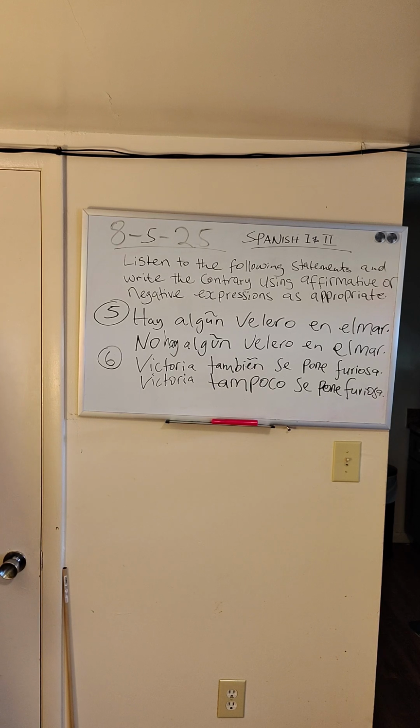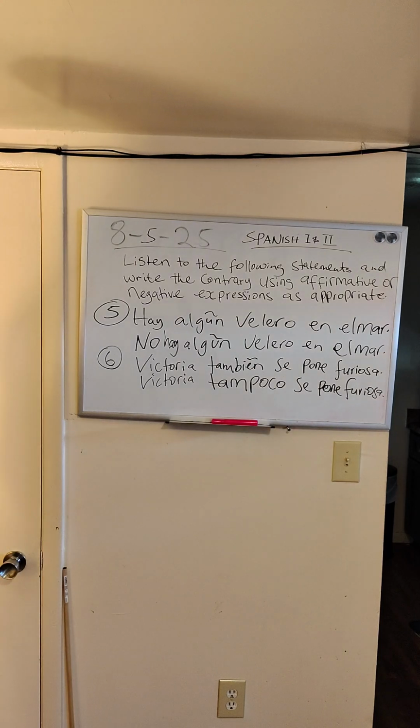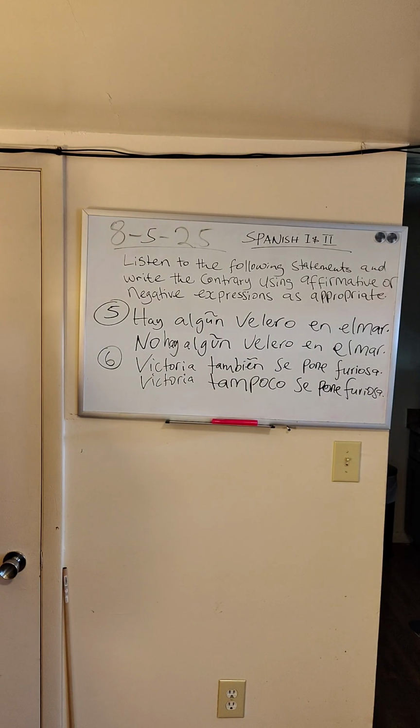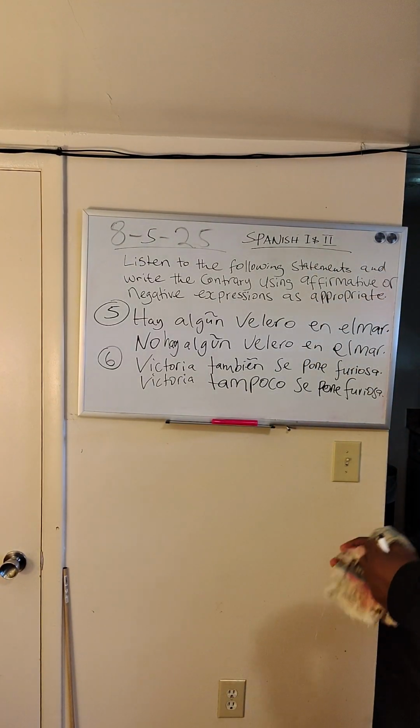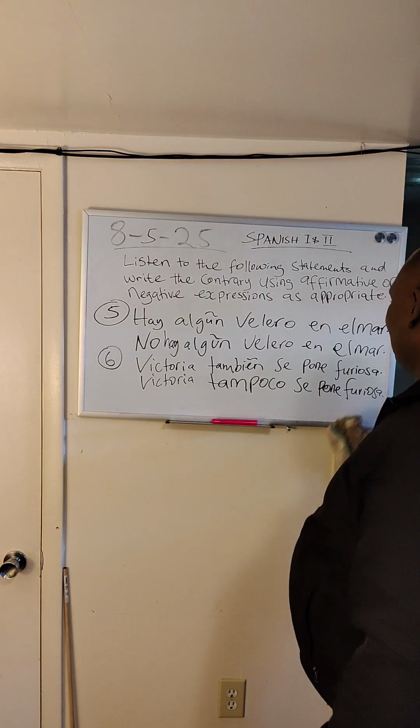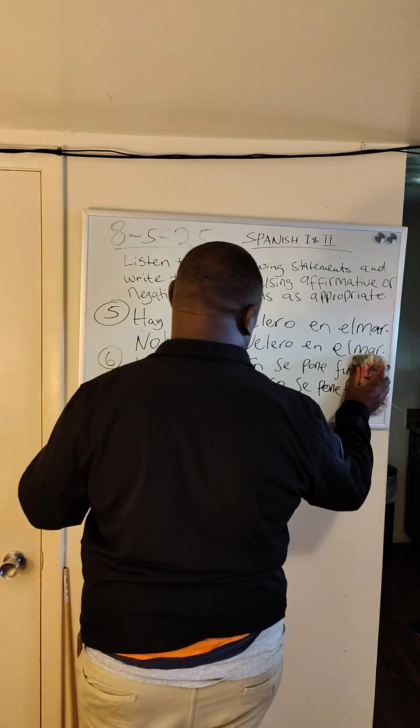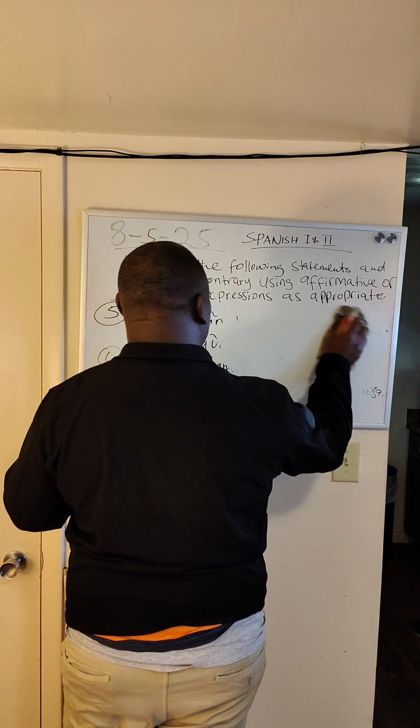Remember, the instruction we had was to listen to the following statements and write the contrary using affirmative or negative expressions as appropriate. That is what you need to do when you're given an exam like that. Let's see if we can stop there. Before we stop, let us learn a little more and make a few more sentences, so that we at least have a little grasp on how to communicate in Spanish.